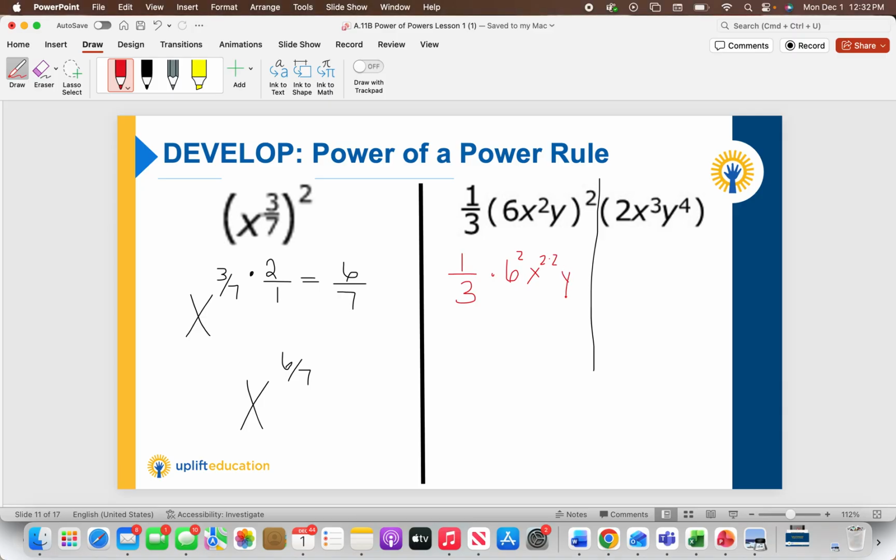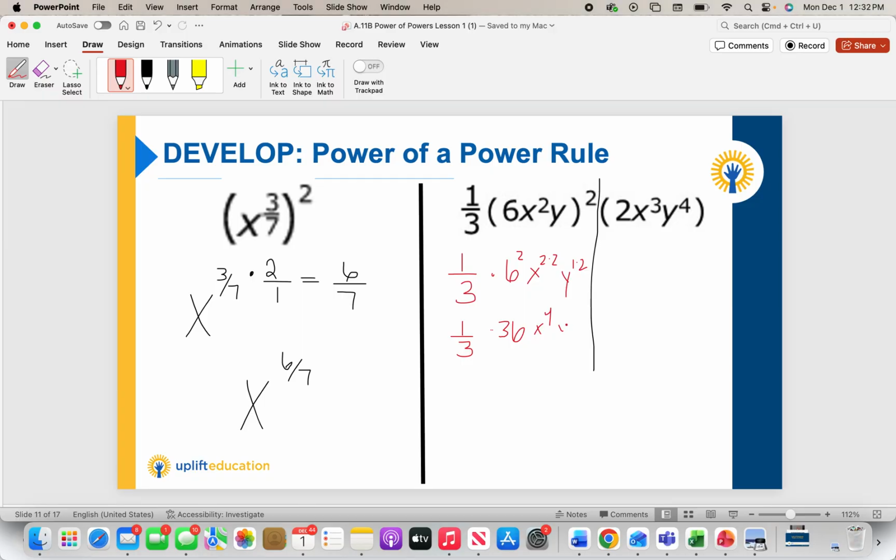And then we have y to the power of 1 that also needs to be multiplied by 2. So to simplify this, I have 1/3. Remember, 6 squared is 6 times 6, which would be 36. Then I have x to the power of 4 and y to the power of 2 after I multiply those.